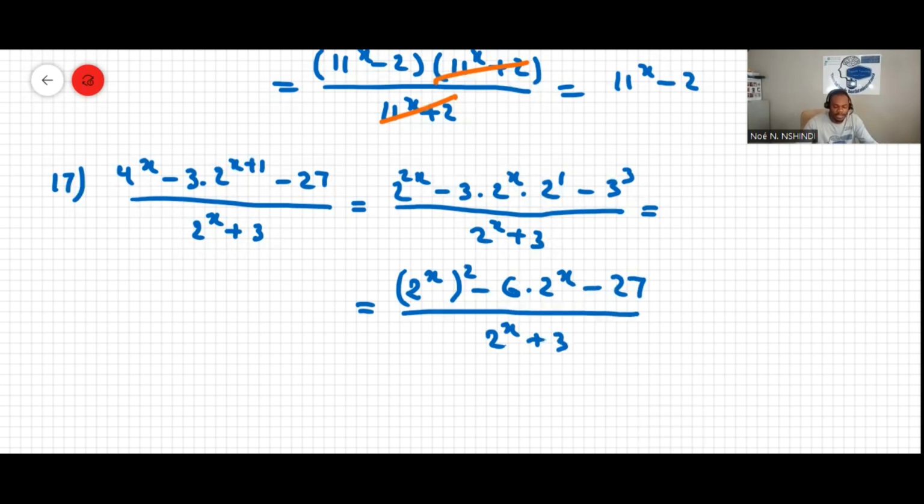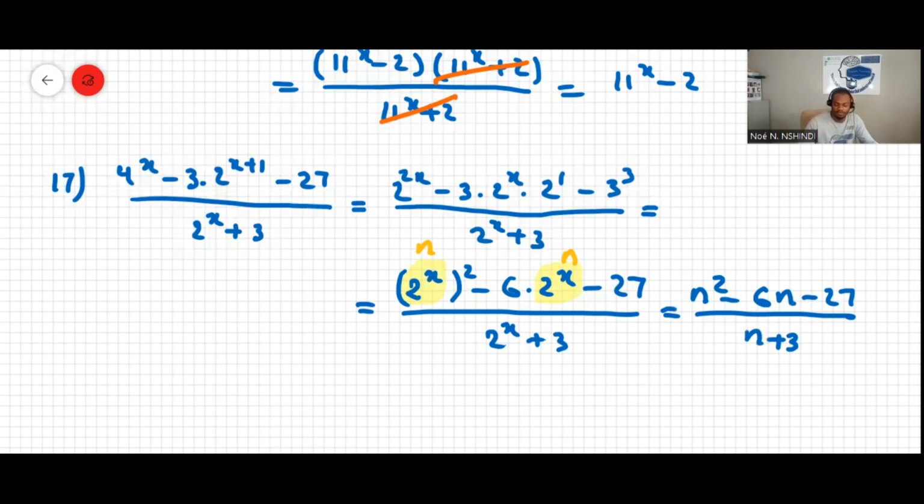The base here, we can call it n, and then this will be n squared. It's going to be n squared minus 6n minus 27, all over n plus 3. So it looks like that.